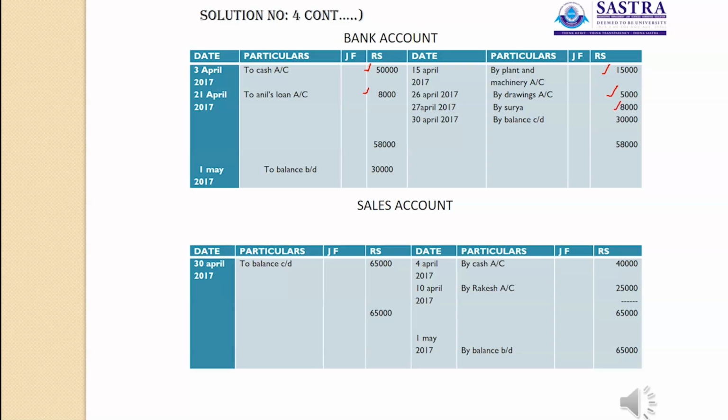So the total of the debit side is 58,000. So the balance between these two is transferred to by balance carried on, 30,000, on 30th April 2017. So 30,000 is transferred to the next month, 1st May 2017, rupees 30,000.